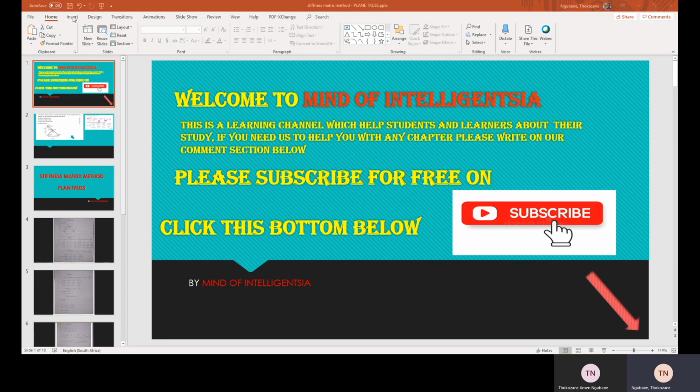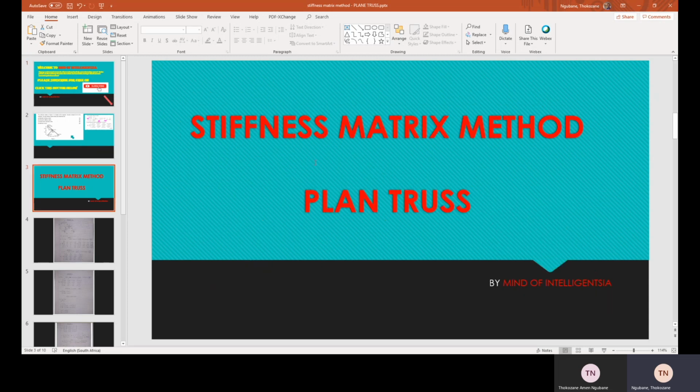Okay, today we are doing the stiffness matrix method on a plane truss. So our example today is going to be on the plane truss.